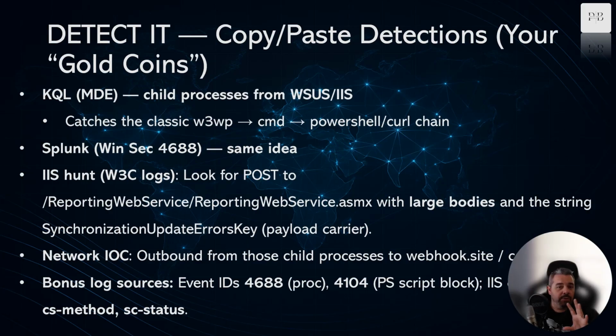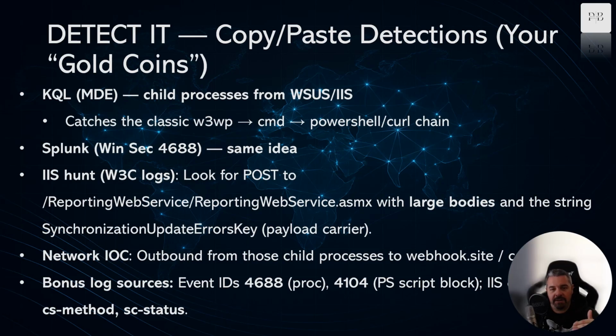Quick tuning tips so you don't drown in noise: add your maintenance windows as an allow list. Tag known admin tools, and if you run ConfigMgr, note that some legitimate actions still shouldn't spawn cmd or PowerShell from W3WP.